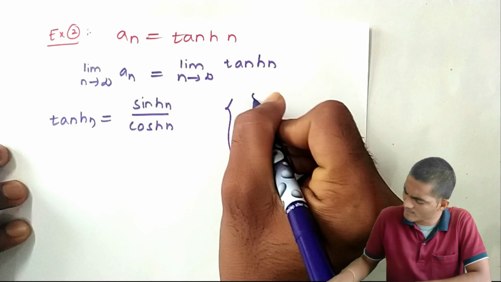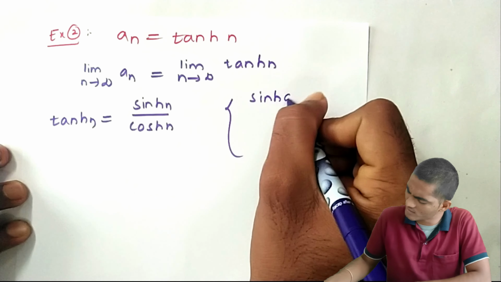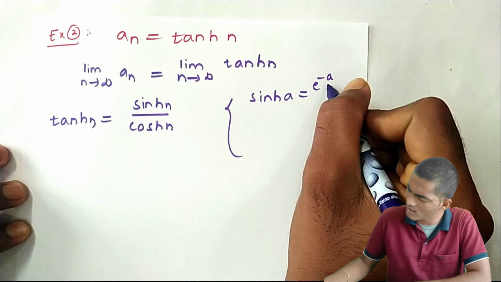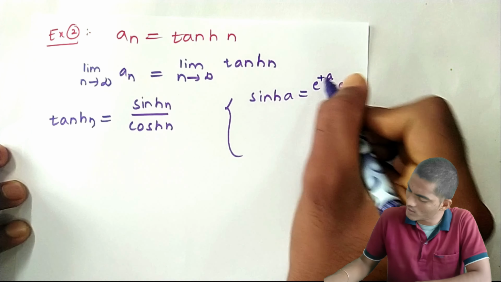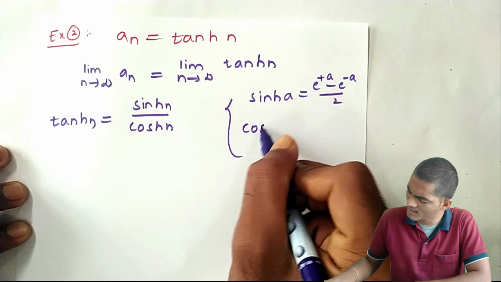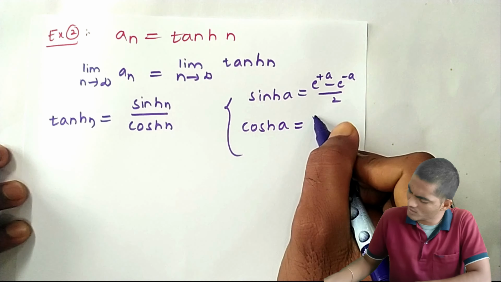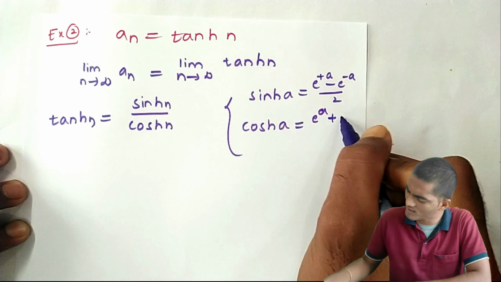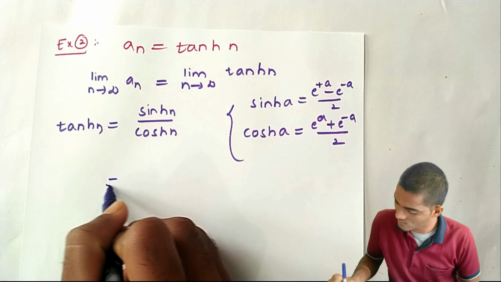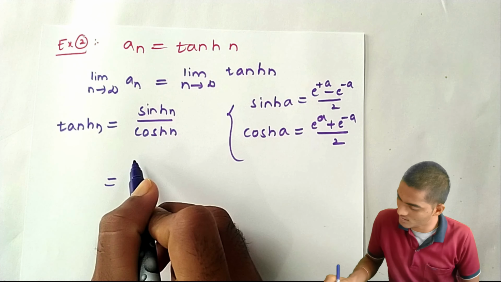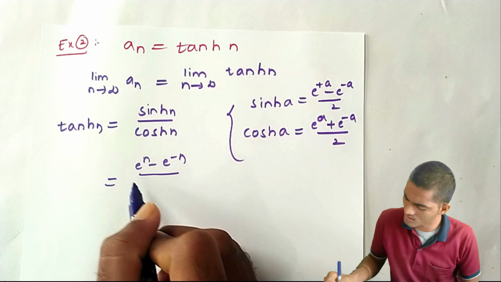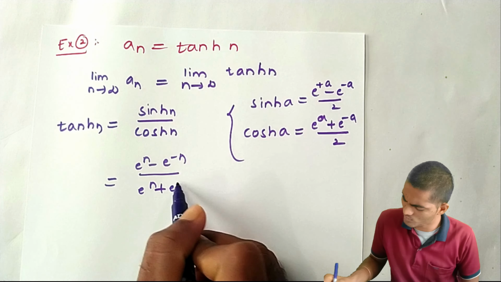Since sinh a equals (e^a - e^-a) / 2, and cosh a equals (e^a + e^-a) / 2, okay. Tanh n equals (e^n - e^-n) / (e^n + e^-n).